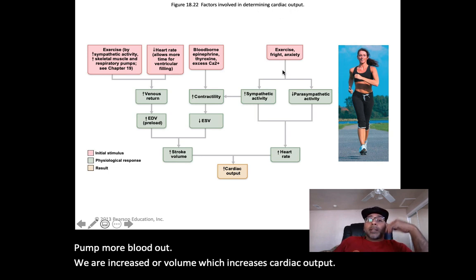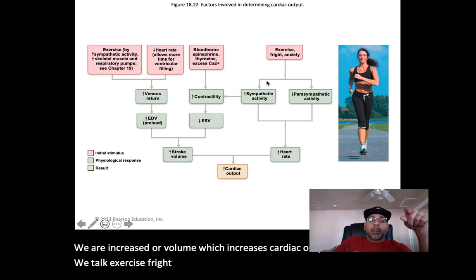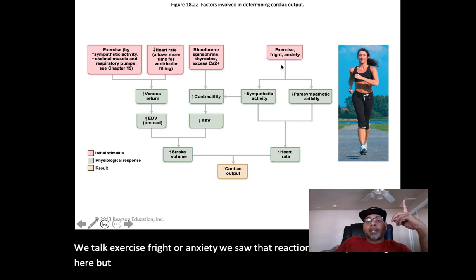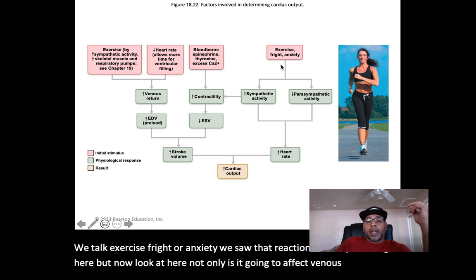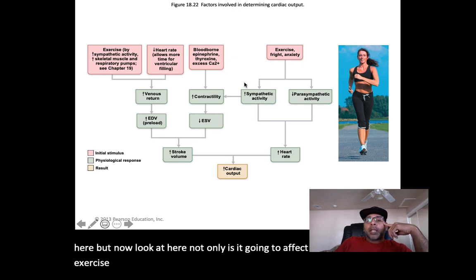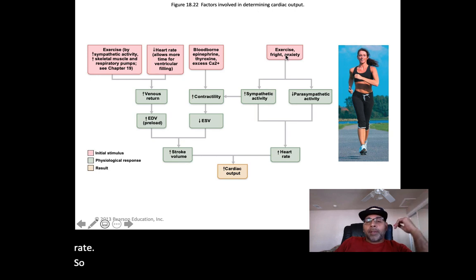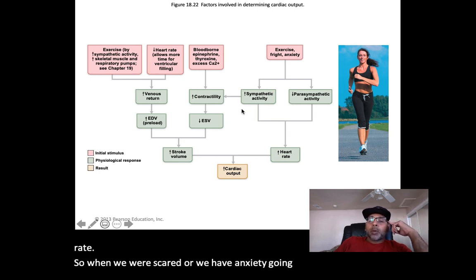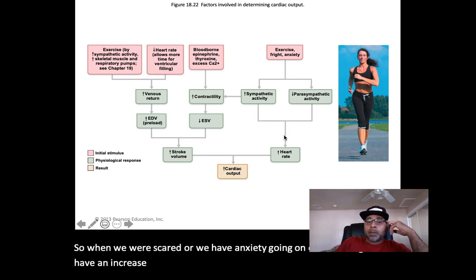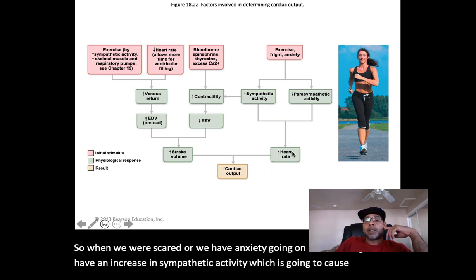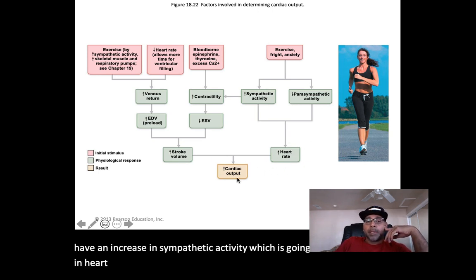When we talk exercise, fright or anxiety, we saw that reaction basically occurring here, but now look at here. Not only is it going to affect venous return, but you can see they're going to affect heart rate. So when we are scared or we have anxiety going on or we're exercising, we have an increase in sympathetic activity, which is going to cause an increase in heart rate, which increases cardiac output.